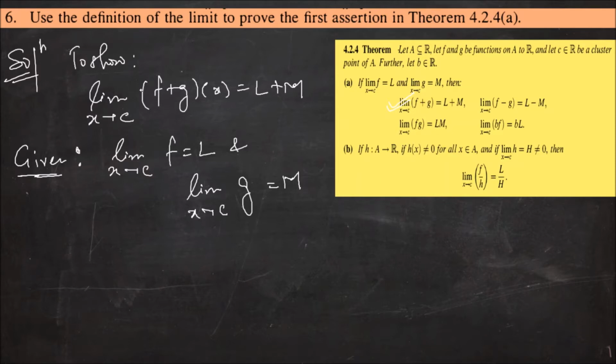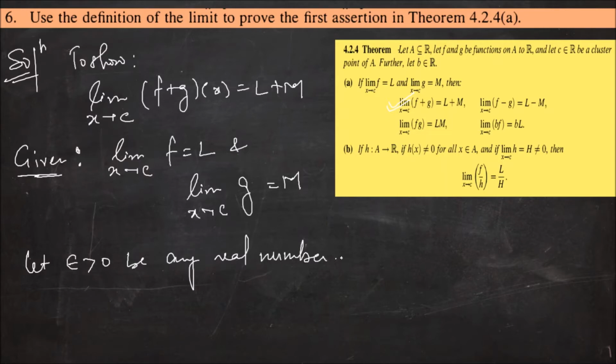So for the epsilon delta definition we have to show that for arbitrary epsilon there should exist some delta such that mod of (f plus g)(x) minus (L plus M) should be less than epsilon whenever x belongs to the interval c minus delta to c plus delta. So for that we have to take any arbitrary epsilon. So let epsilon greater than 0 be any real number.